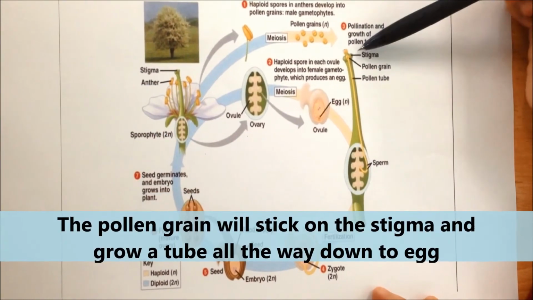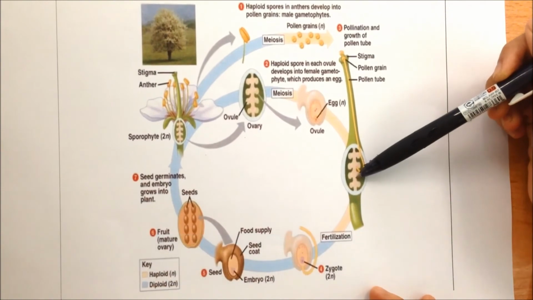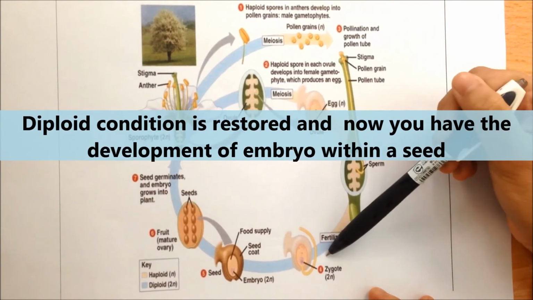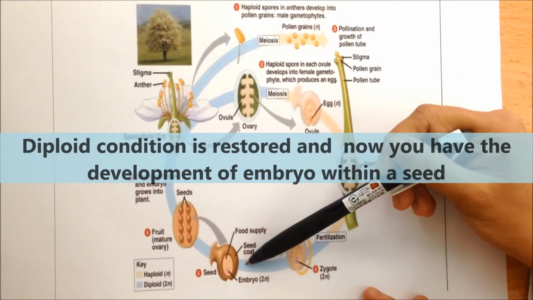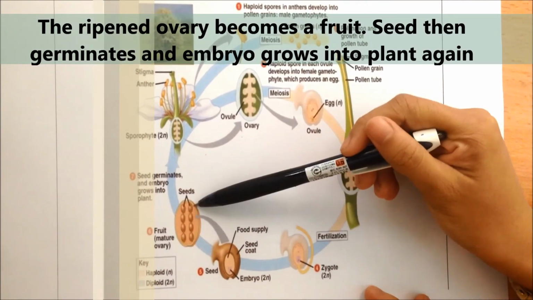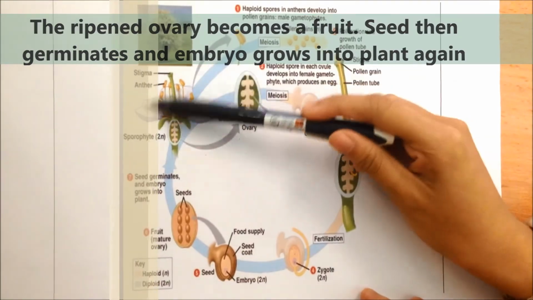The pollen grain will stick on the stigma and grow a tube all the way down to the egg. Fertilization occurs, the diploid condition is restored, and now you have the development of the embryo within a seed. The ripened ovary becomes a fruit. The seed then germinates, and the embryo grows into a plant again.